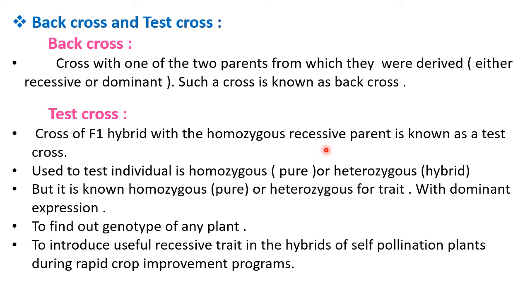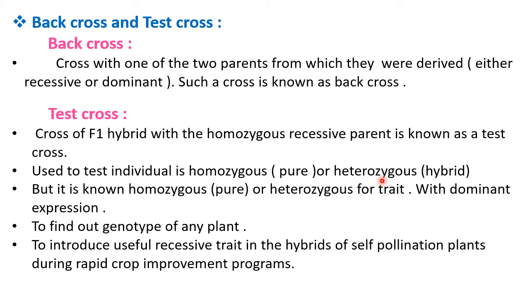So when such an F1 hybrid or individual is crossed with the recessive parent, then it is called test cross. Test cross is used to test whether the individual is homozygous or heterozygous. Homozygous, you know, means having identical genes, and heterozygous means the individual with dissimilar genes, also called a hybrid.